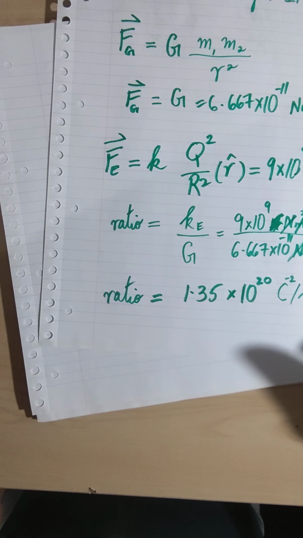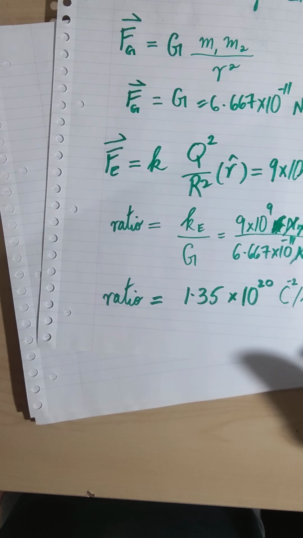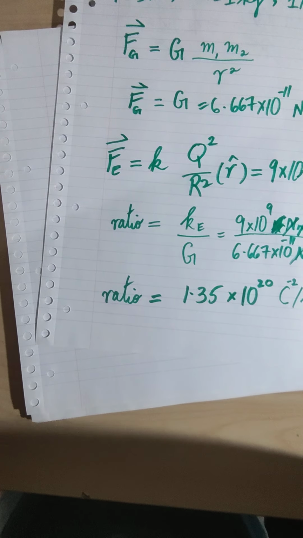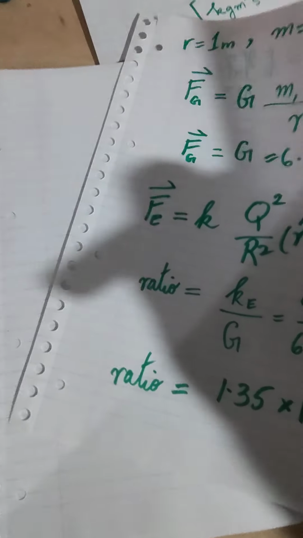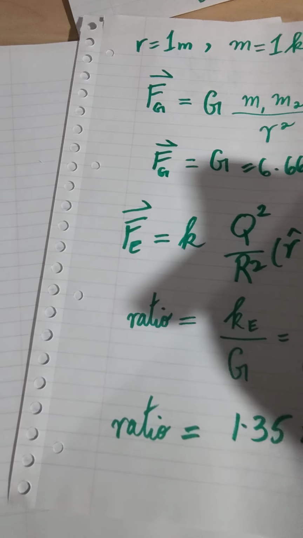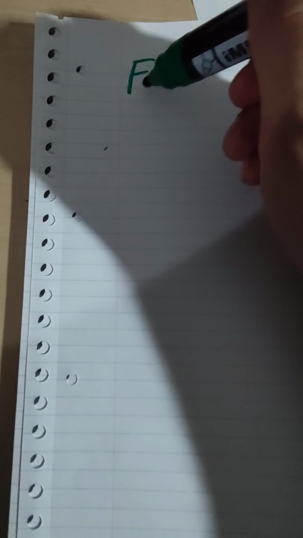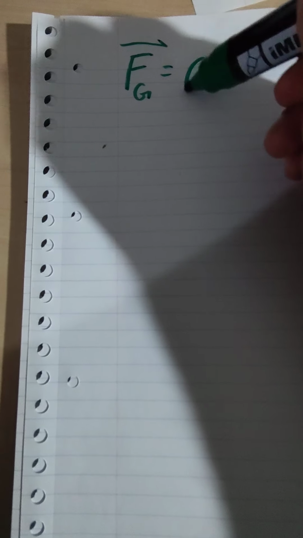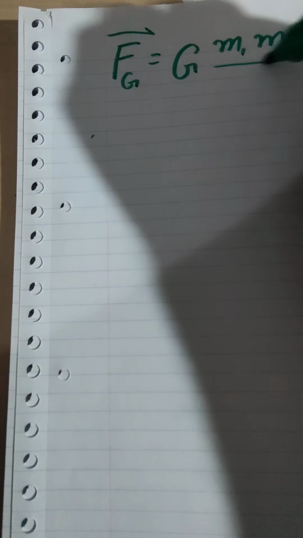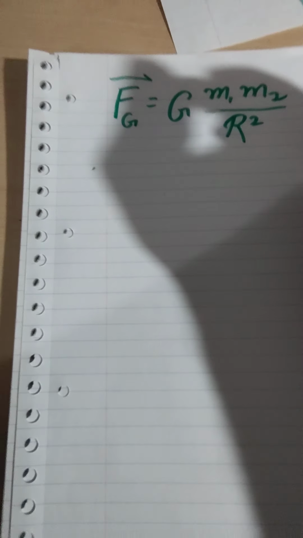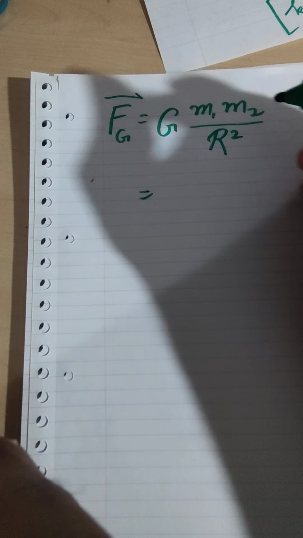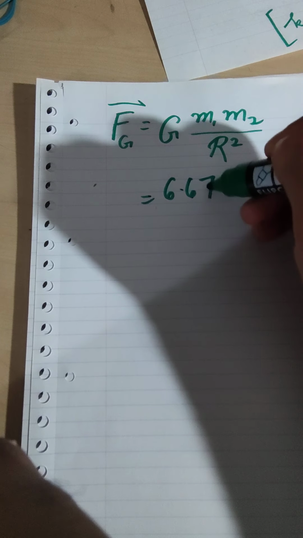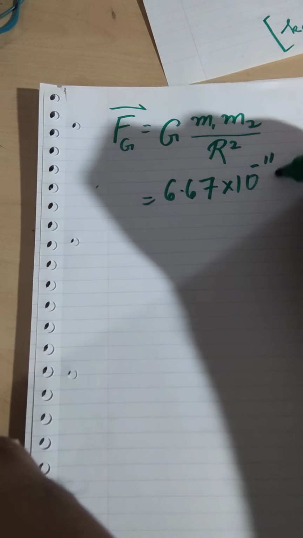Another way to calculate it would be to find the answers first and then divide them by each other, and then you'd get a better picture. For gravitation we would get 1 times 1 divided by 1 squared, so the answer would be 6.67 times 10 to the power minus 11 newtons.